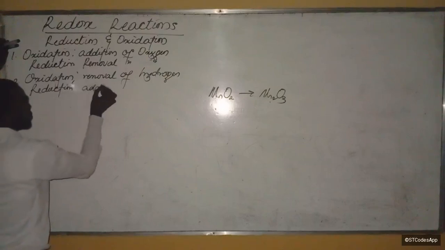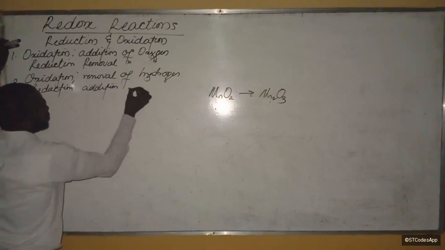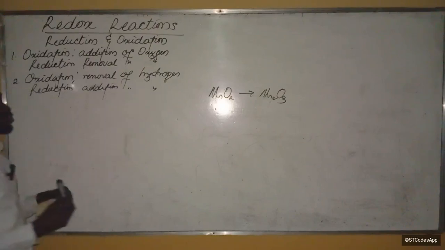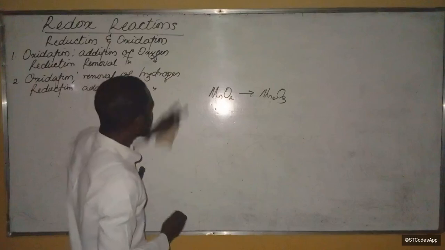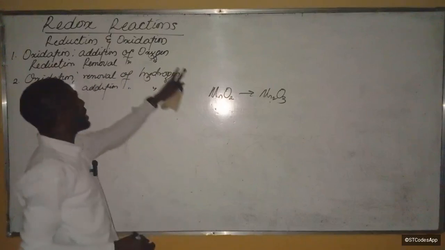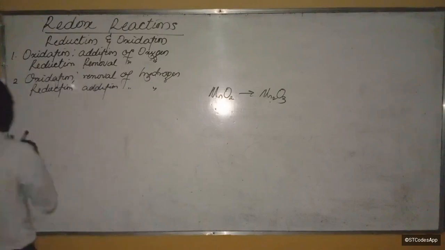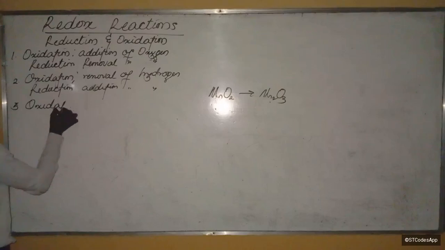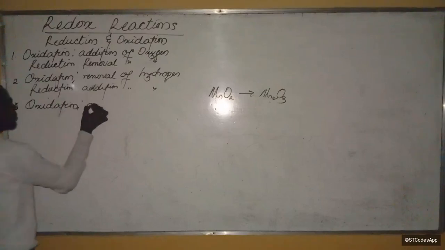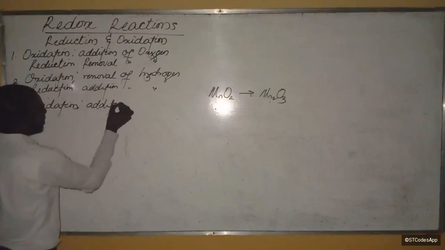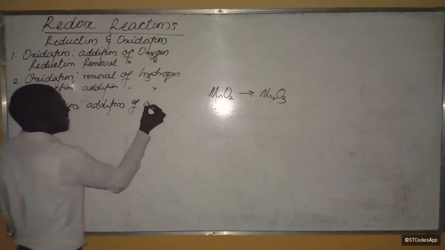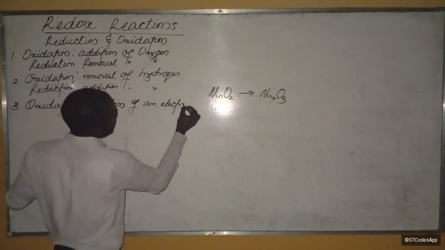Now, if you look at these definitions, hydrogen is an electropositive element, oxygen is an electronegative element. So it gave rise to the third definition that now says that oxidation can therefore be defined as the addition of an electronegative element.